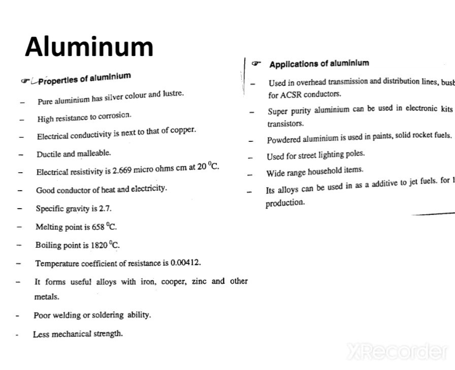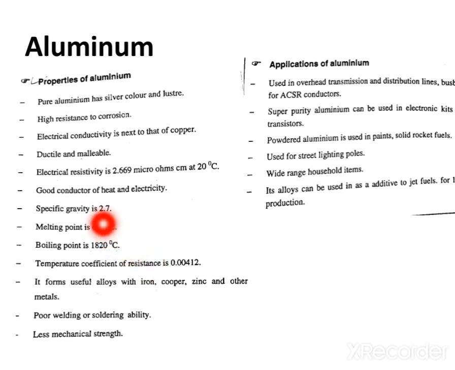Aluminum is silver in color. It is less conductive as compared to copper. It has high resistance to corrosion. It is also ductile and malleable. The resistivity of aluminum is 2.669 microohm centimeter.